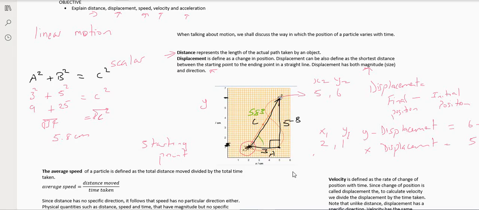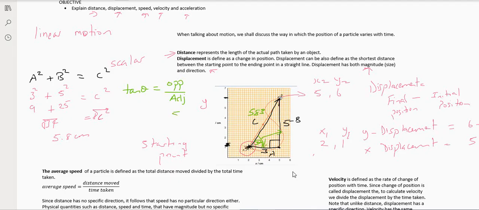Now we can find the angle by using some trig ratio. Let's use tan to find the angle. So tan of the angle is equal to opposite over adjacent, right? Here's our angle that we are working with. If that's our angle, then this side is the opposite, and this side is the adjacent.